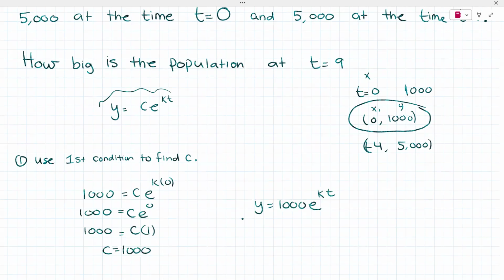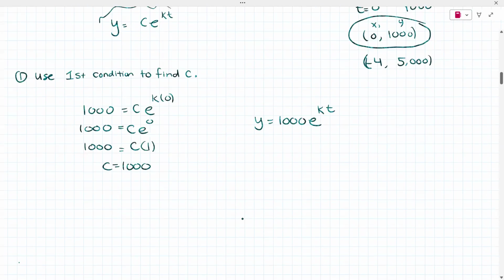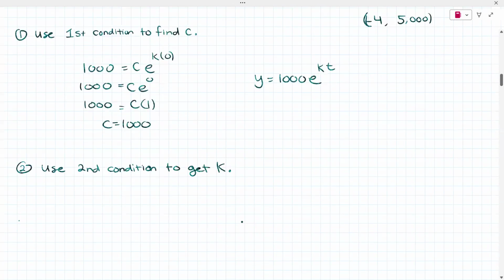Now I would use the second condition to get k. Our second condition is 4 comma 5,000: at 4 seconds, it has a population of 5,000. Plug that back into this equation.